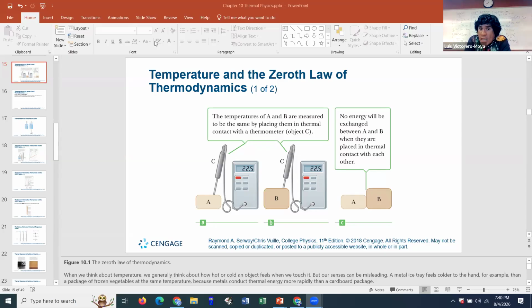And C and B are also at thermal equilibrium, and that's 22.5 as well. So no energy is exchanged between A and B. So they both are at thermal equilibrium. Basically, if A and C are at thermal equilibrium, and B and C are at thermal equilibrium, then A and B are at thermal equilibrium. That's the zeroth law of thermodynamics.